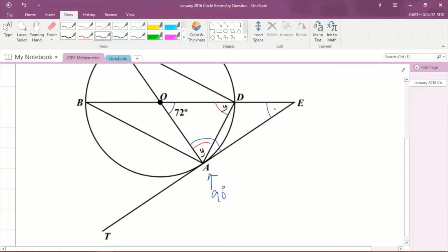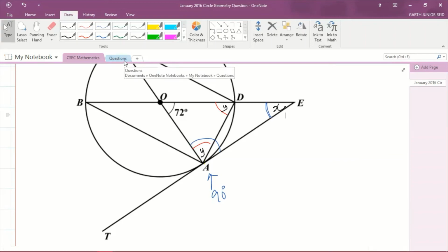So if I want to find the angle OEA, I can call it some letter X. X plus the 72 degrees plus the 90 degrees is going to be equal to 180 degrees. We're using the fact that the sum of all the interior angles of the triangle is 180 degrees.